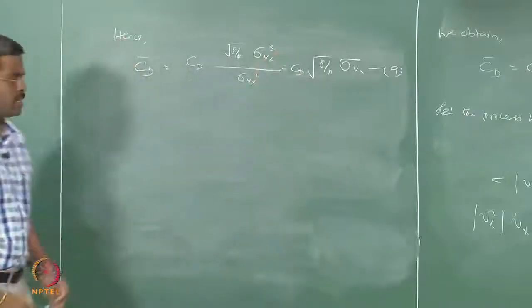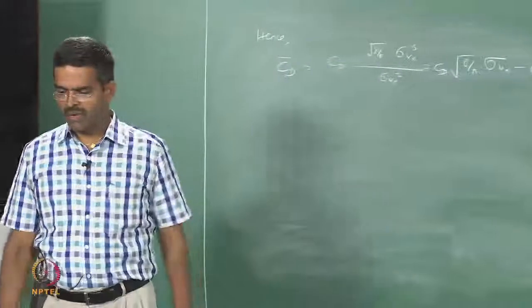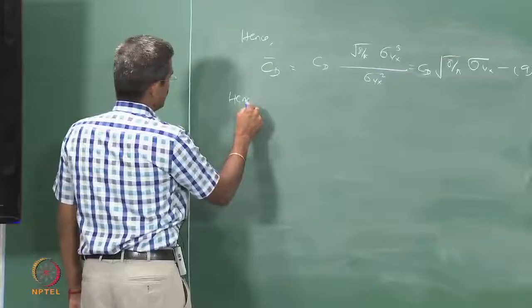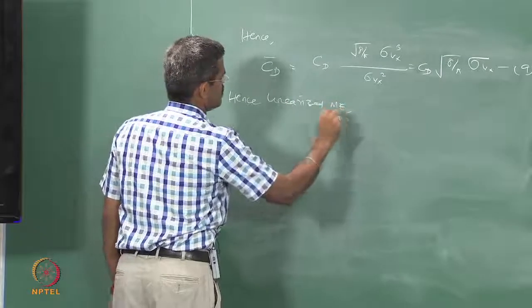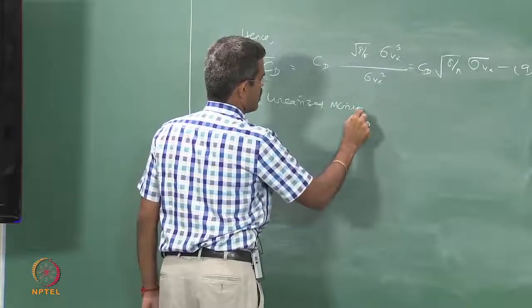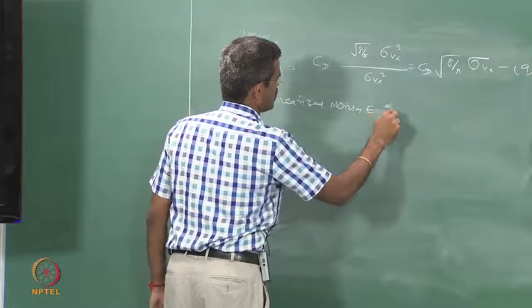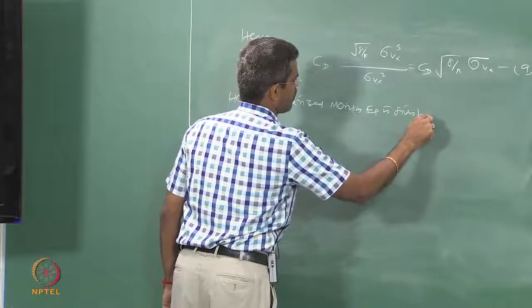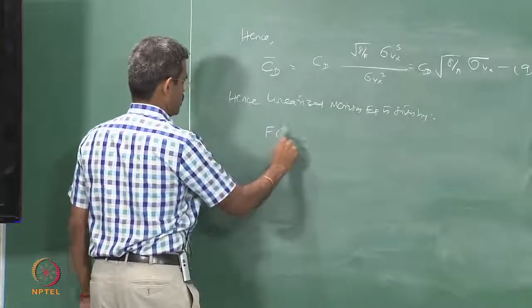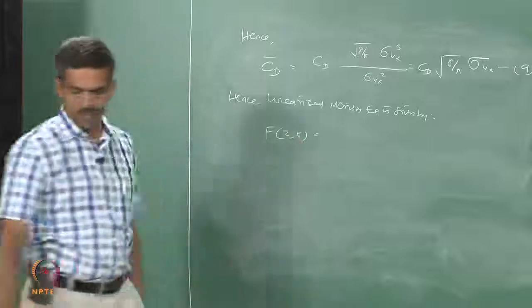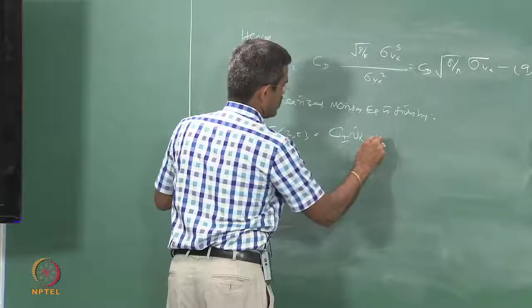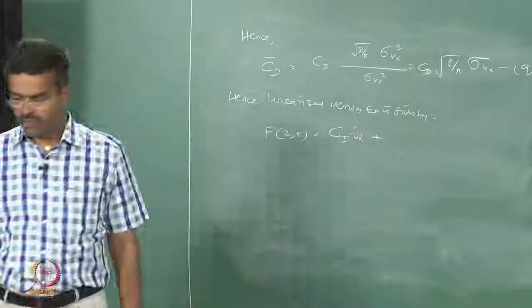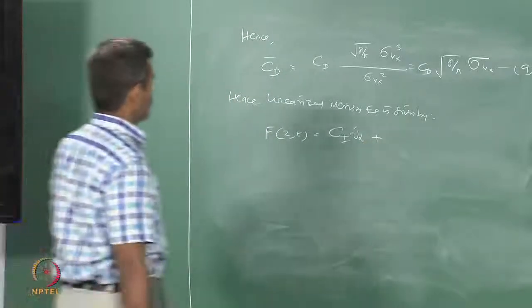Once you know this, I can use this for linearization, get the value of force, which now will become, hence, the linearized Morrison equation is given by f z of t equals Ci Vx dot, which is an acceleration term which includes both Cm and Ca.